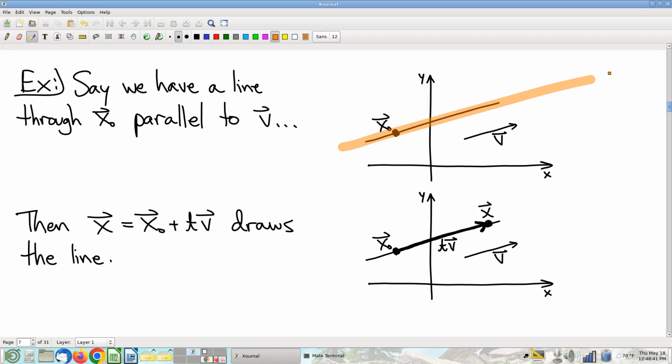So what we're going to do here, and you probably have seen this back in Math 218, but let's do it anyway. The big idea is if I start with some point x naught that is on the line, and if I have some vector v that is parallel to the line, notice that every other point on the line is going to be your x naught plus some multiple of your v vector.